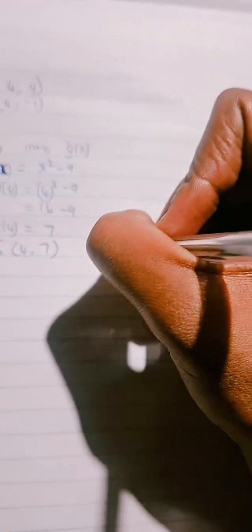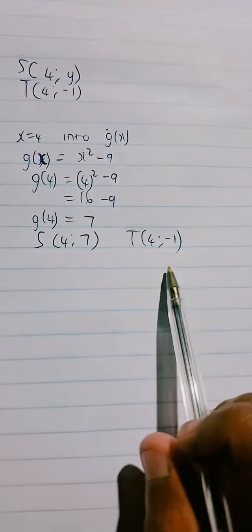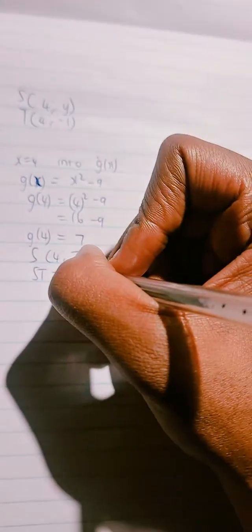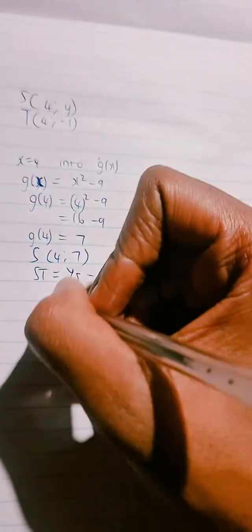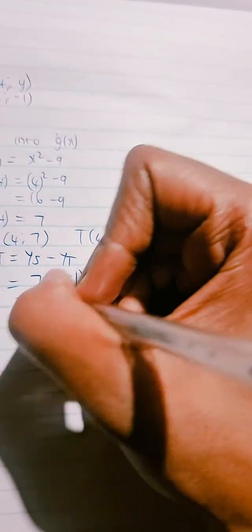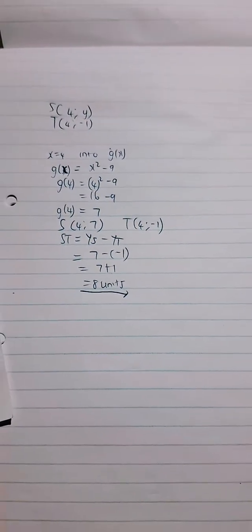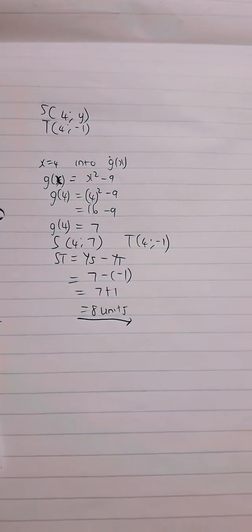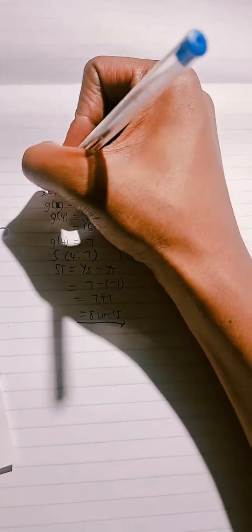Remember now, I was wanting the distance of S and T. So now I'm going to say ST is equal to the Y coordinate of S minus the Y coordinate of T. 7 minus 1 is 8 units. This is so important, guys. And you do this why?